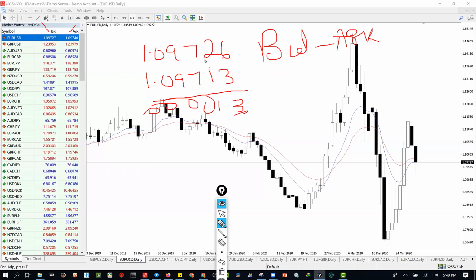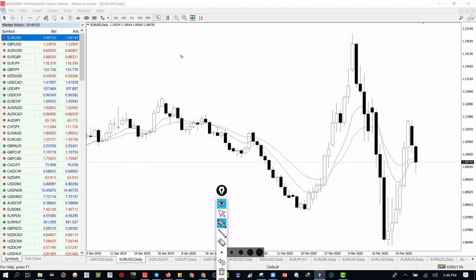So how can we make use of spread here in the Forex market? This is what I'm going to be talking about next. So let's say you want to execute a trade in the Forex market.